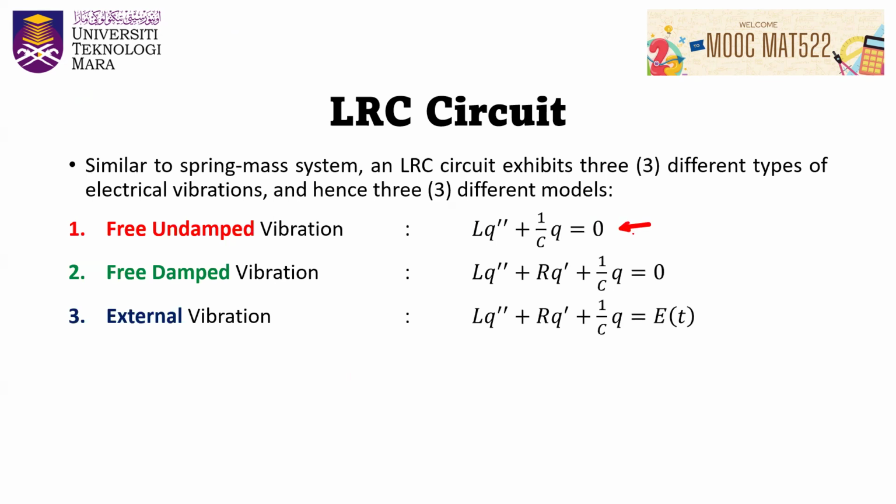Second, free damped vibration, in which you now observe the existence of the resistor R in the model. Finally, external vibration, in which additional voltage is applied to the circuit, denoted by the non-homogeneous term E in the model.